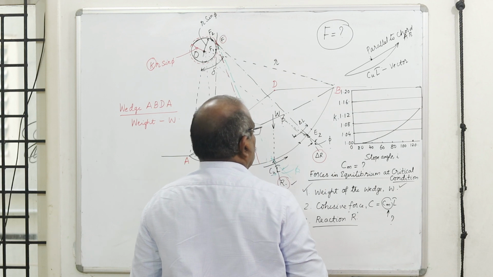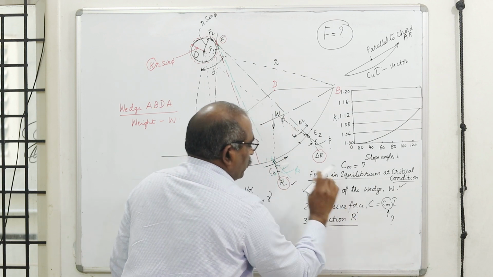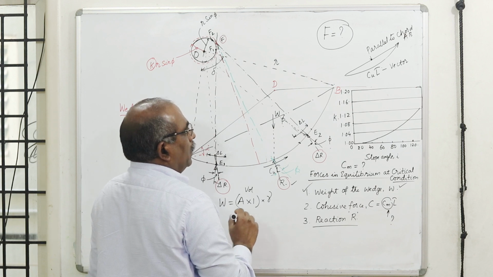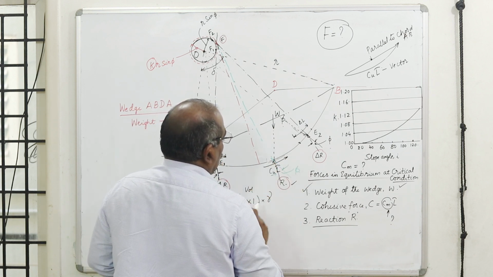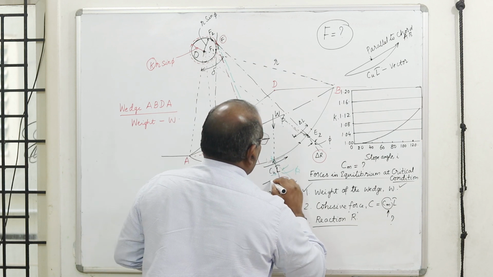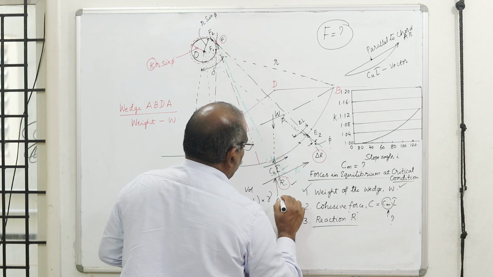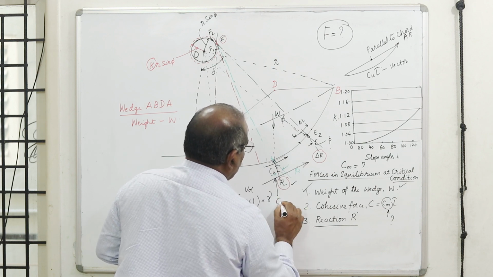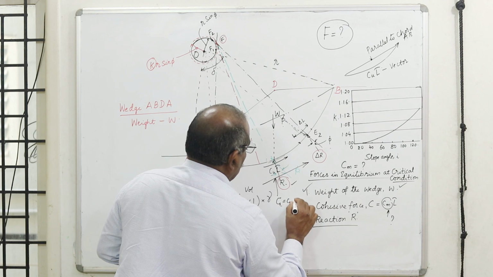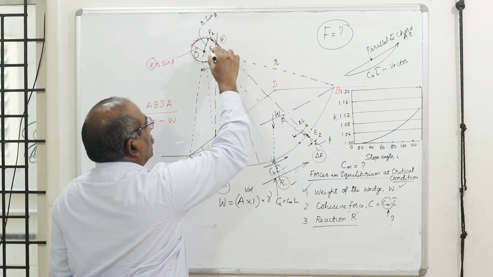Therefore, I can replace this curved cohesive force, which I know acts at this position, with a linear vector, a cohesive force Cu, equal to Cm into, instead of, what is the distance here?